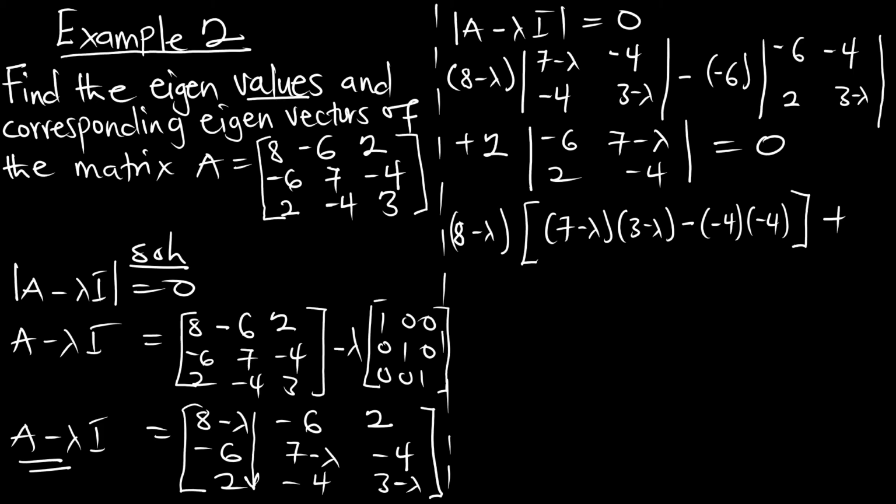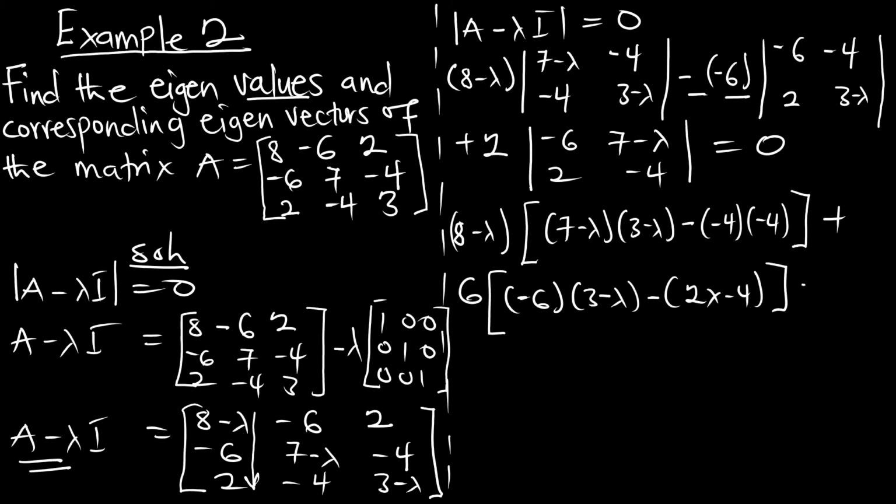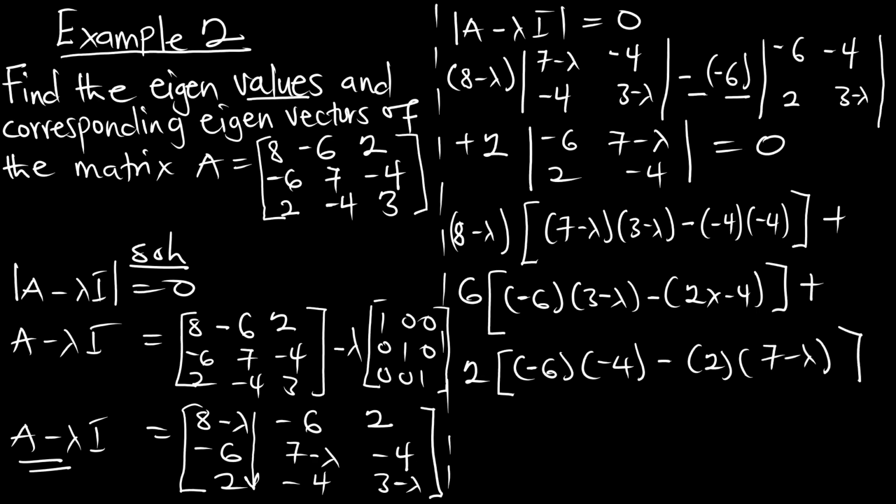This is a plus because negative 6 will give us plus, and that is going to be 6 multiplying the determinant of the 2 by 2 matrix, that is going to be this form, minus 2 by negative 4. Then the last part, that is plus 2, and that is going to give us this as the determinant of the 2 by 2 matrix, 7 minus lambda, this way. Equal to 0.